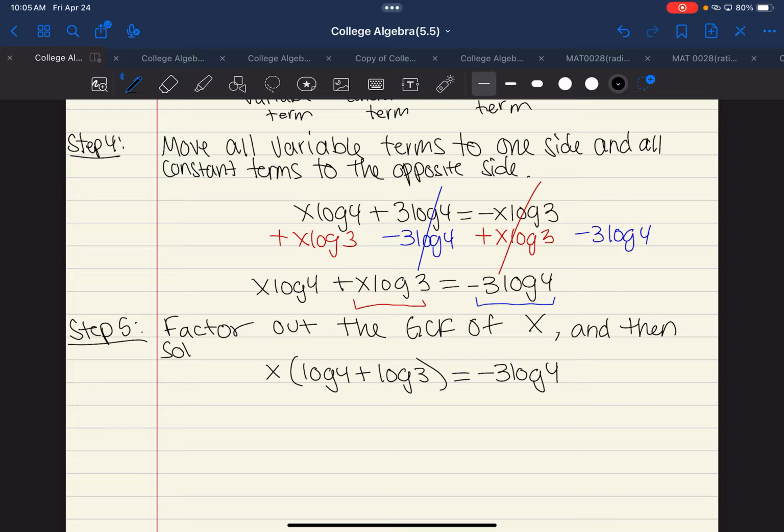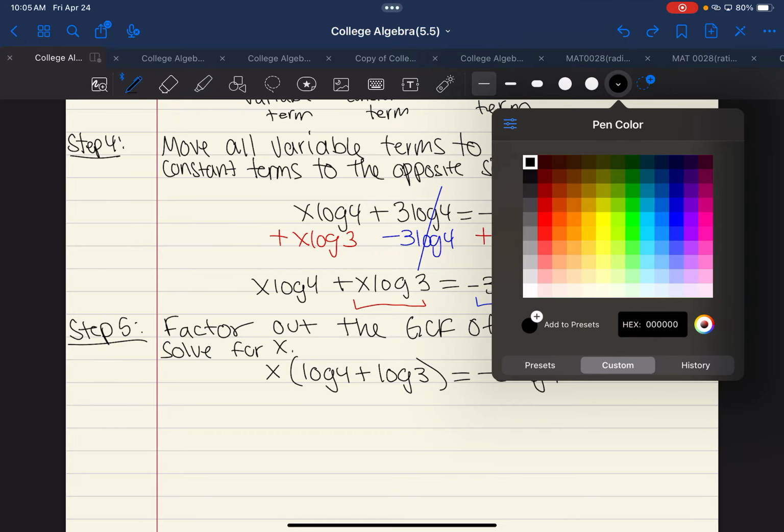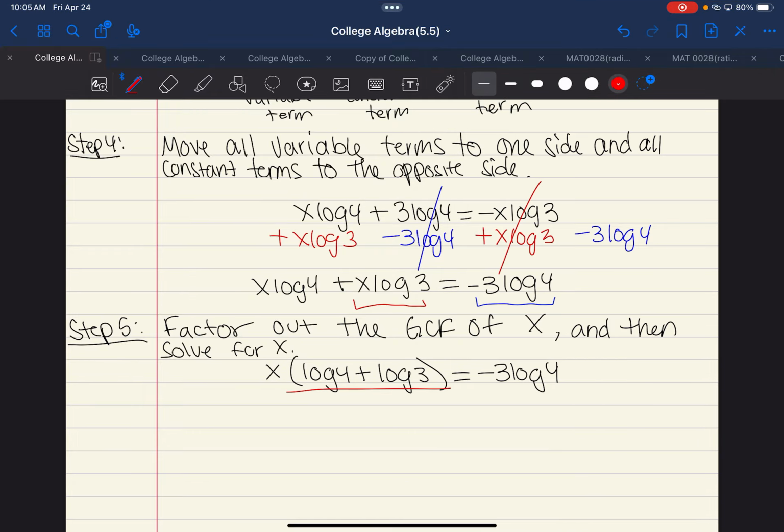Because now I have x times all of this, but all of this is just a number. So I can just divide by all of that on both sides to cancel it. Anything divided by itself will cancel.